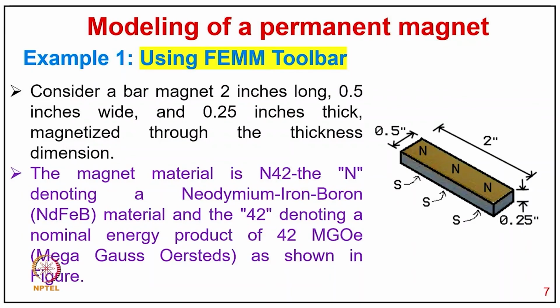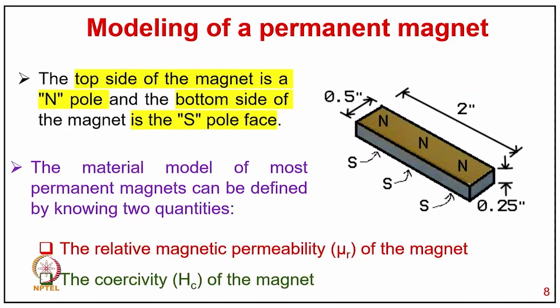Coming to this example 1, using the finite element toolbar, consider a bar 2 inch long, 0.5 inch wide and 0.25 inch thick, as you can see in the diagram, magnetized through the thickness dimension. The magnet material is N42, N denoting neodymium iron boron, NdFeB material, and 42 denotes the nominal energy product of 42 mega Gauss Oersteds, as shown in the figure.